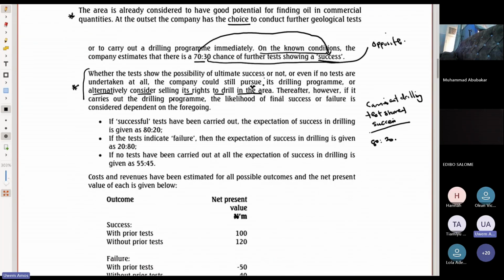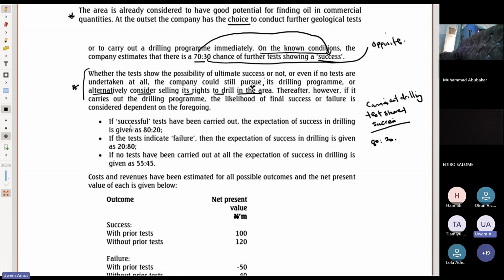So let's do it one more time, just in case you missed it. It says, however, if it carries out the drilling program, so if it goes ahead, the likelihood of final success or failure is considered dependent on the following.